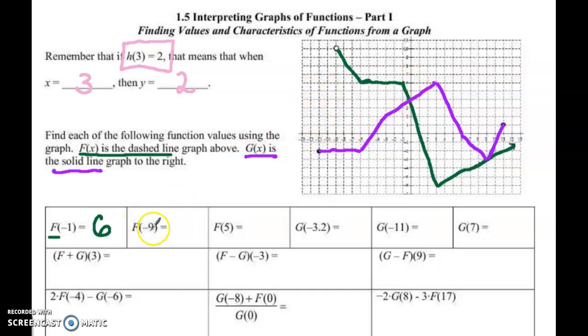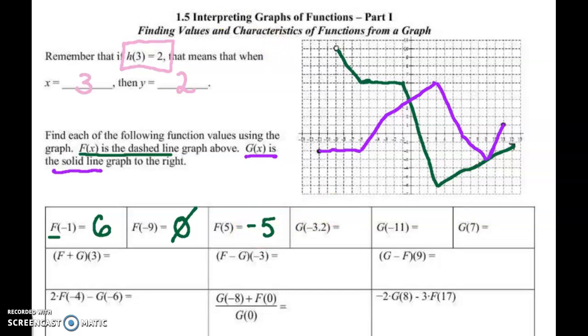Then f of -9, that's when x is -9. This is your open circle, so there's no solution. It is undefined at x is -9. Then looking at f of 5, again green, 1, 2, 3, 4, -5 if I counted correctly for that value.